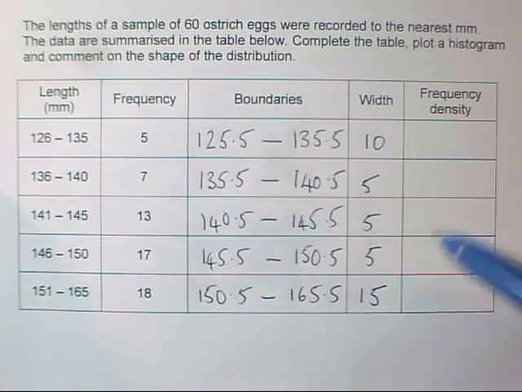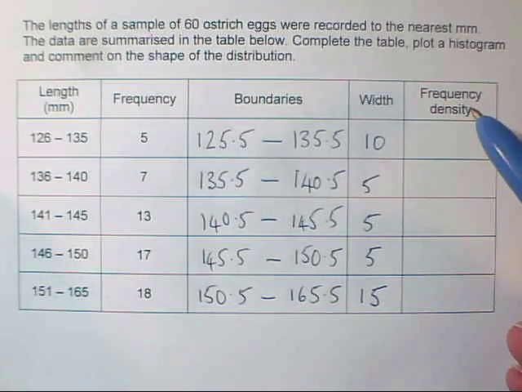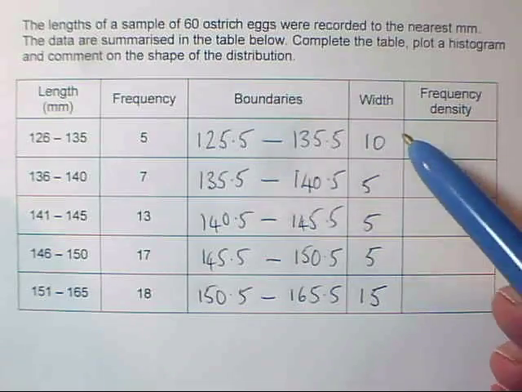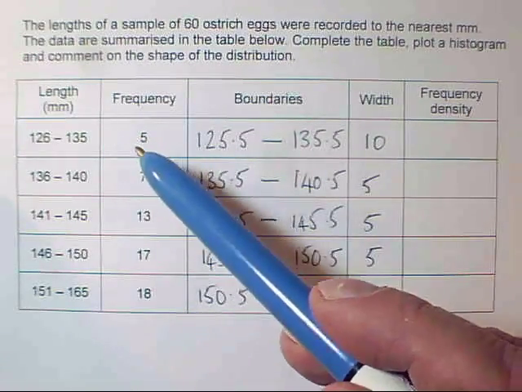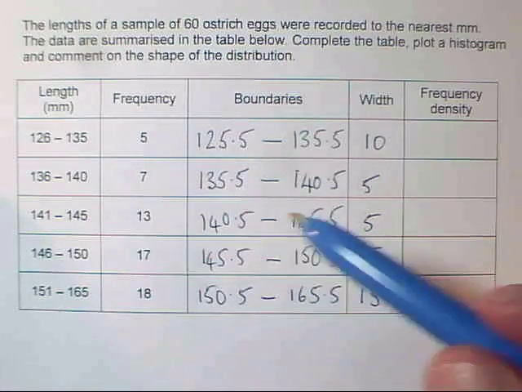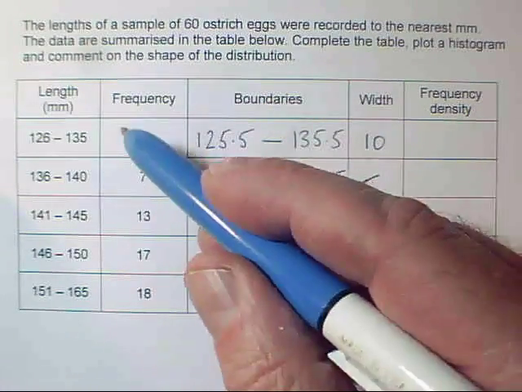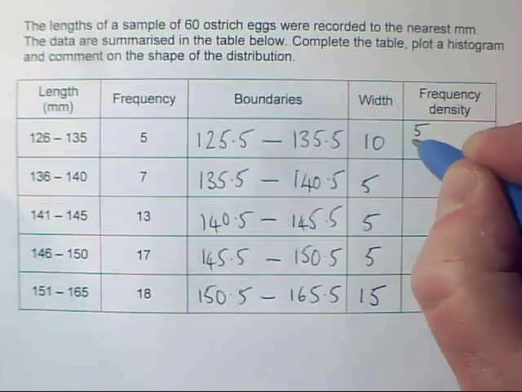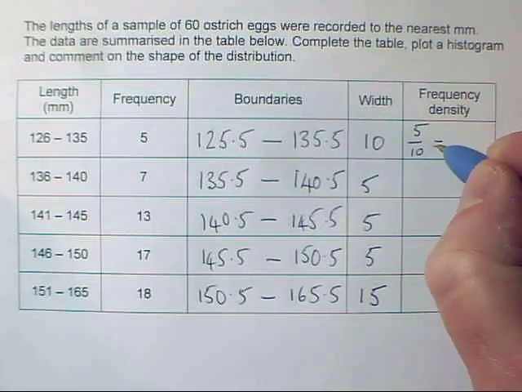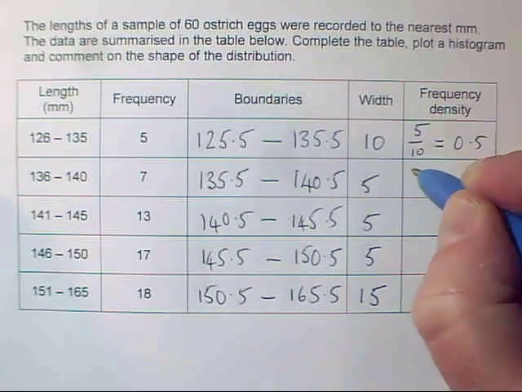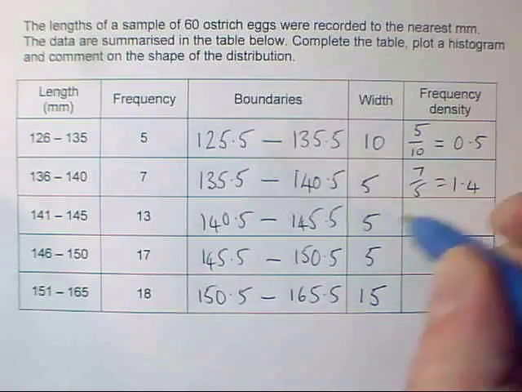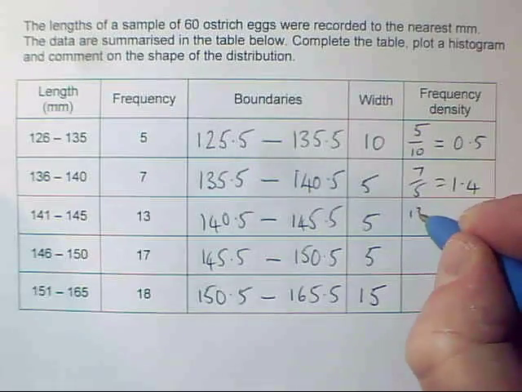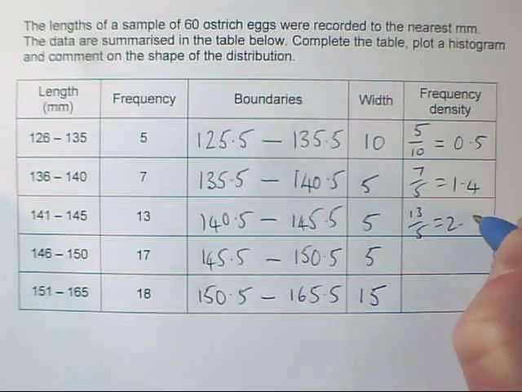Now frequency density. We're doing this because we have to take the width of the blocks into account, because it's got to be their areas that give me the frequency. So the formula for frequency density is the frequency divided by the width. So I'm going to do 5 divided by 10, which is 0.5. 7 divided by 5, which is 1.4. The frequency 13 divided by 5 is 2.6.